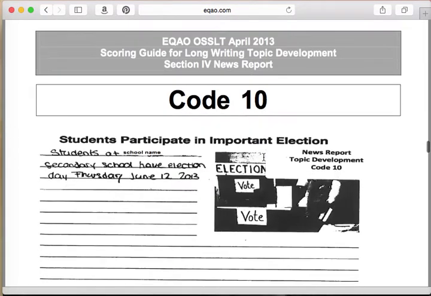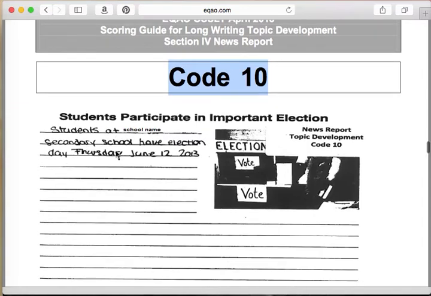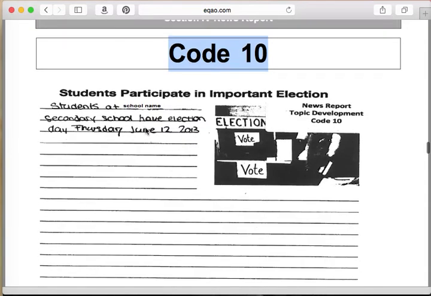Just like last time, they've given us some examples. Here, as mentioned, this is a code 10. This student got 10 points, and as you can see, there's very little writing. However, they were on task. This response is related to the headline and to the photo, although there's not a whole lot of writing there.